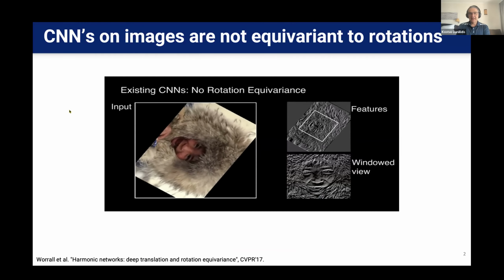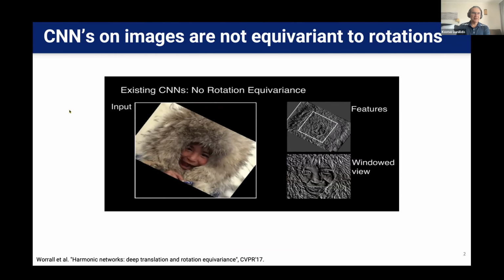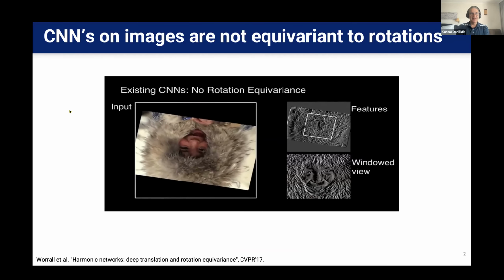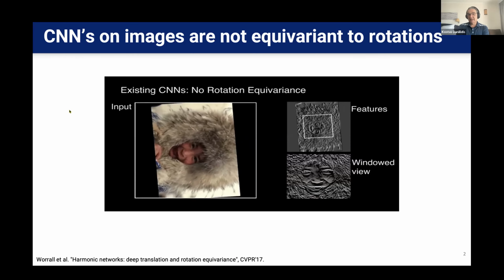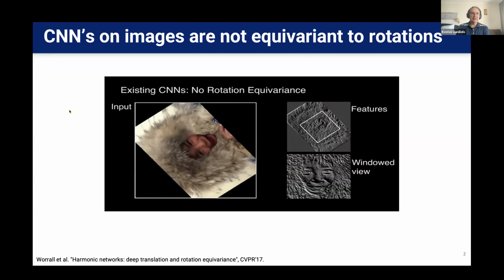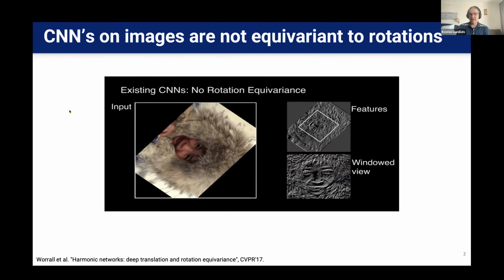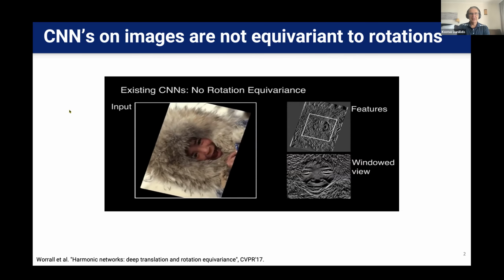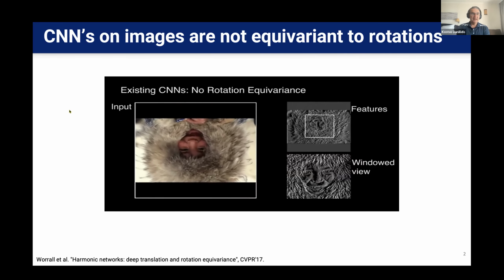Traditional convolutional neural networks, as we have known them for the last 10 years since the deep learning revolution, are translation equivariant by definition, subject to discretization effects.